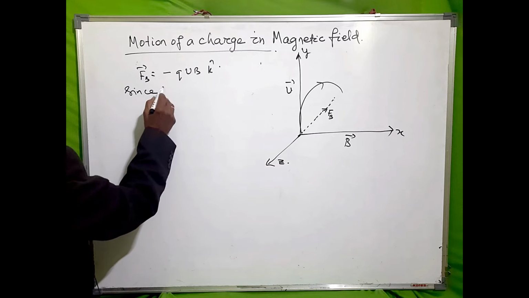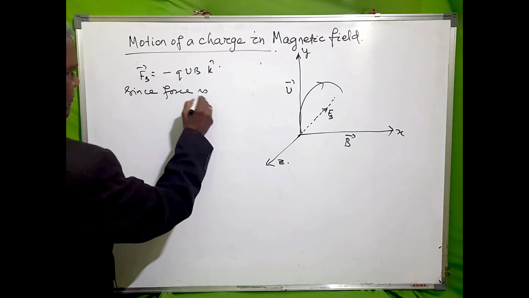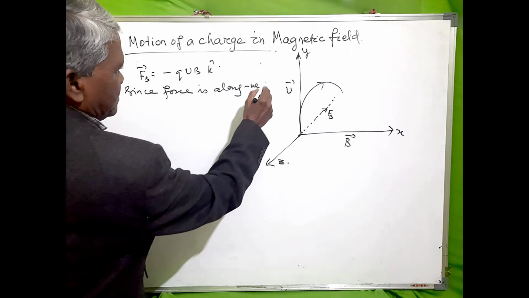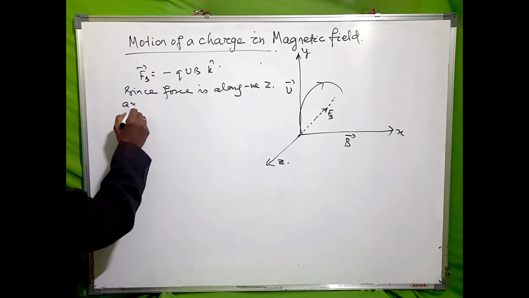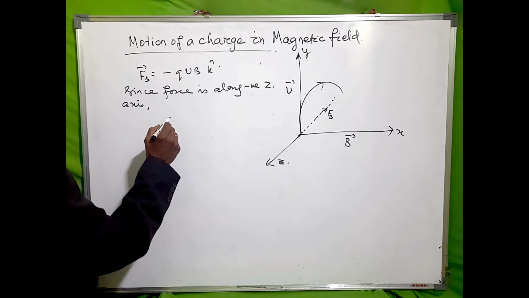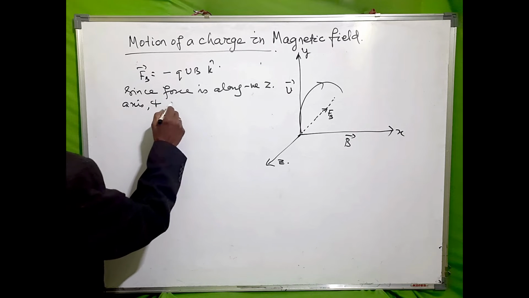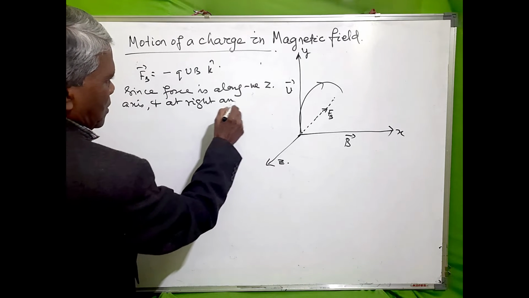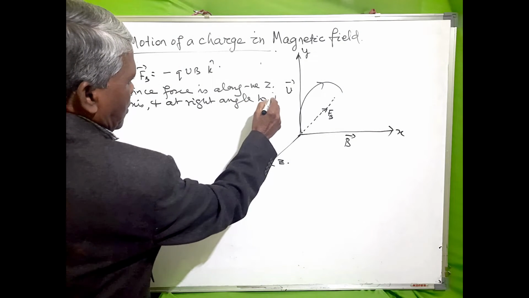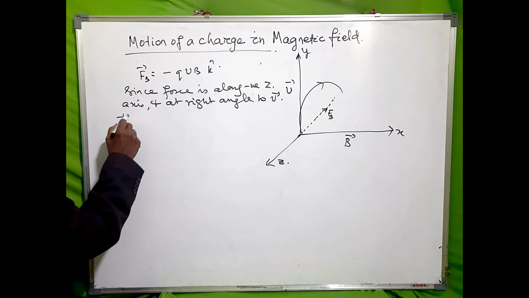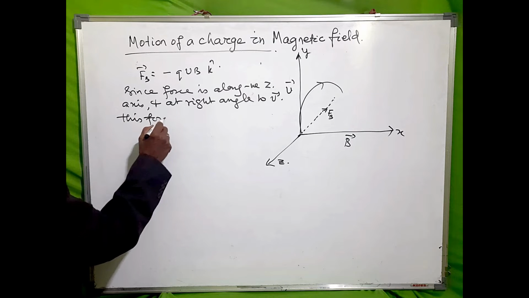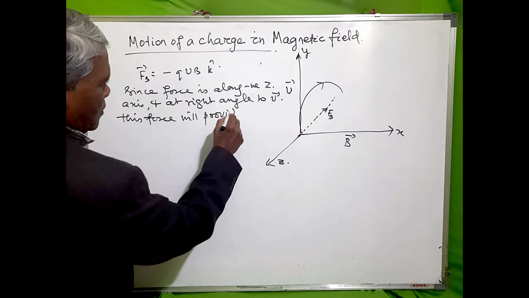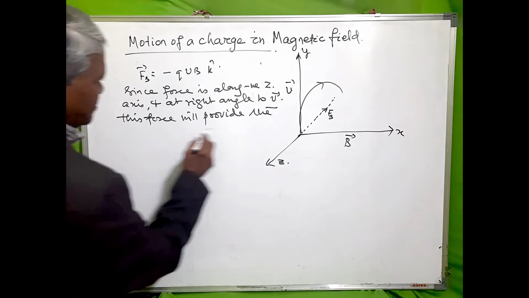Since force is along negative z-axis and at right angle to velocity, this force will provide the necessary centripetal force.